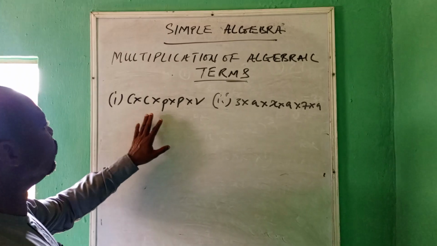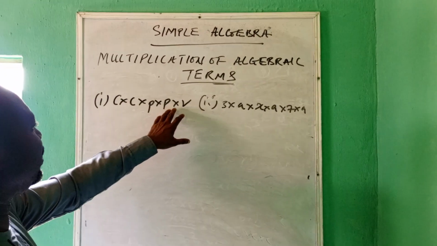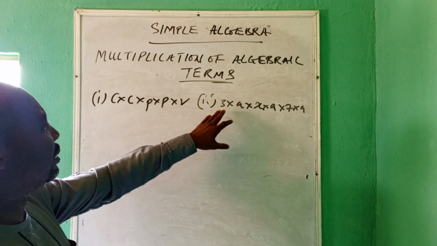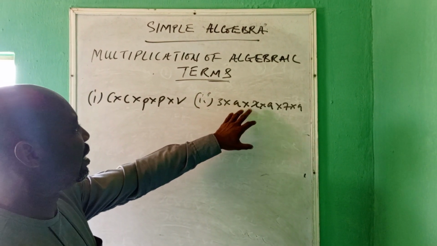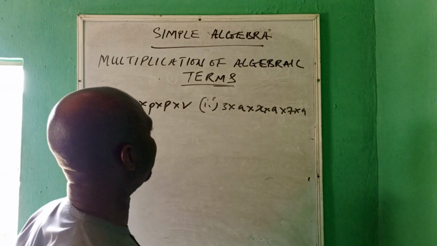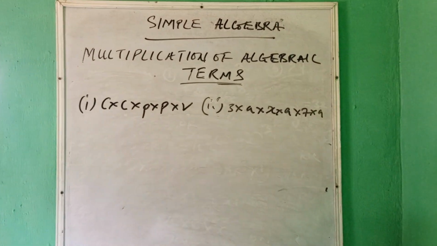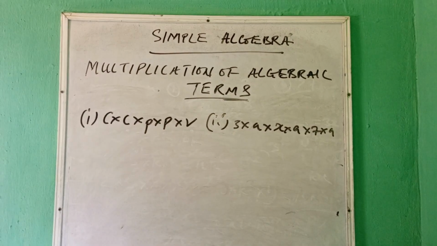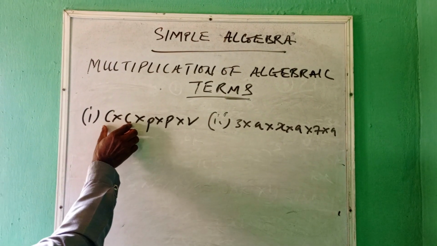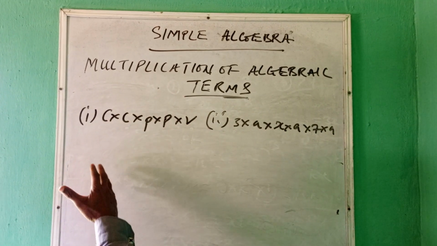Here we have c times p times v times c times p. This particular multiplication expression does not need any form of rearrangement, because you have c coming before p and then the v. So this one you just go straight.